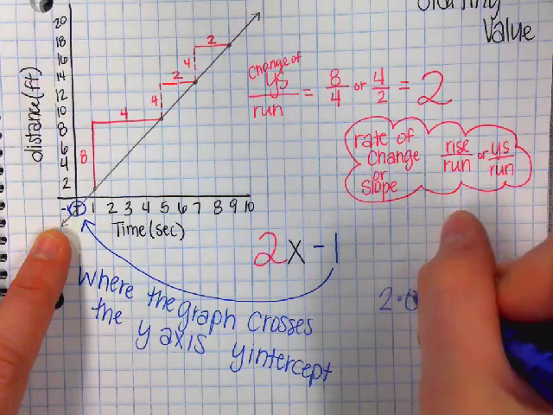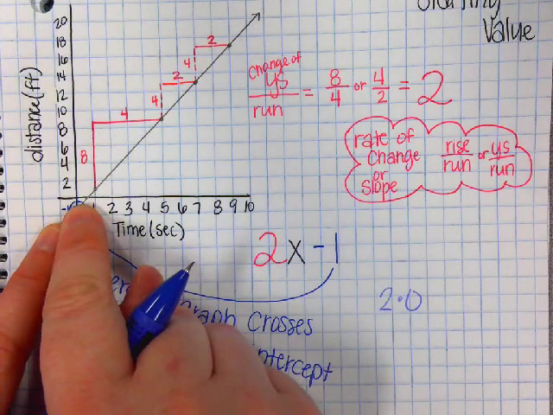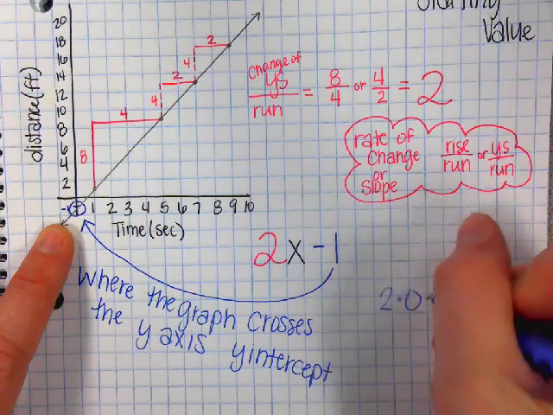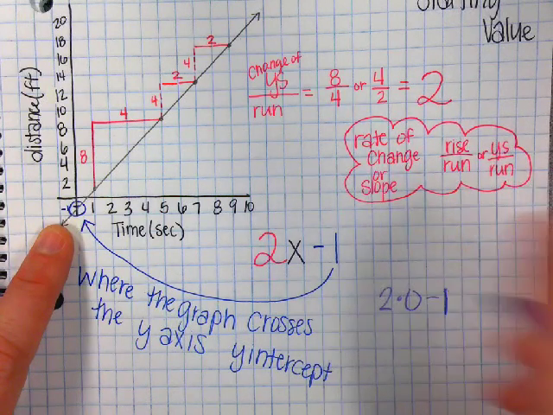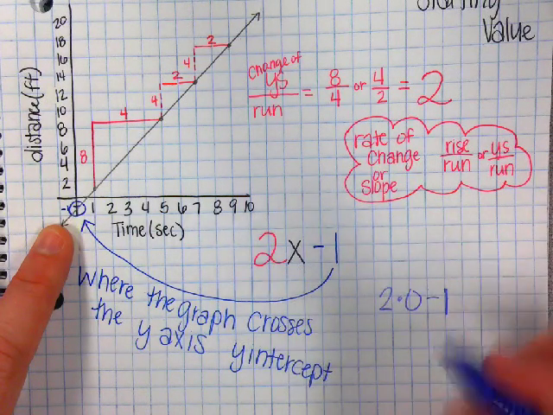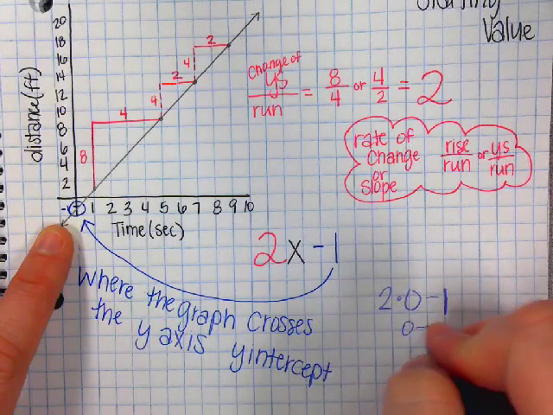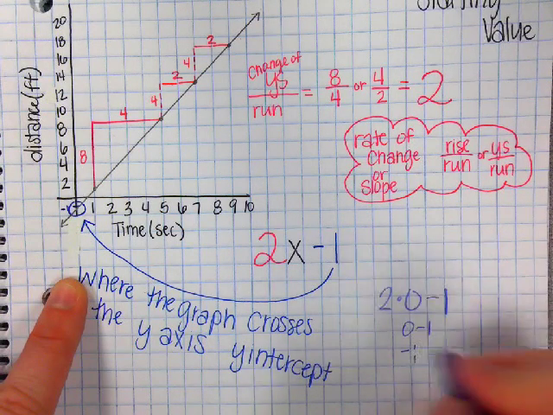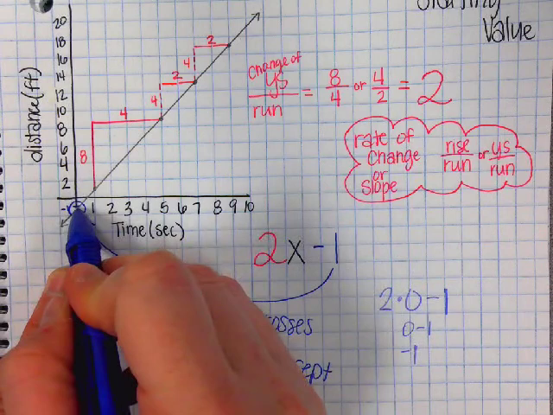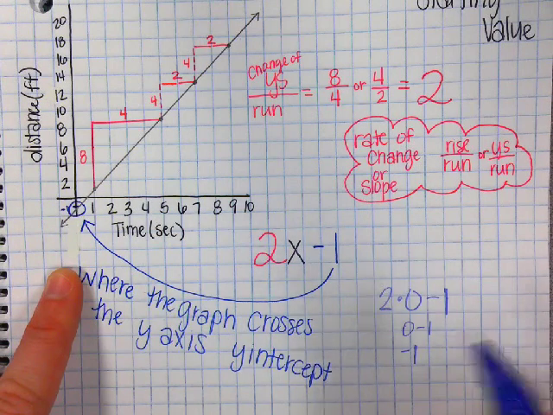So it'd be 2 times 0, because when you're on the y-axis, you have a 0 value of x, and then minus 1. 2 times 0 is 0, minus 1. So it is negative 1 on the y-axis.